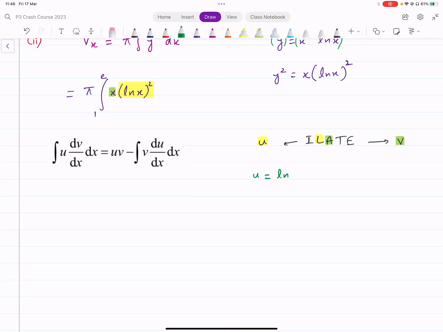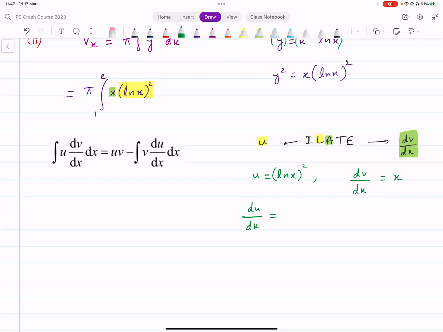So u equals ln x whole squared, and dv over dx is x. All right. So you've written those two things down here. Now from this, you need to figure out du over dx. So we need to differentiate u and see what we get from that.